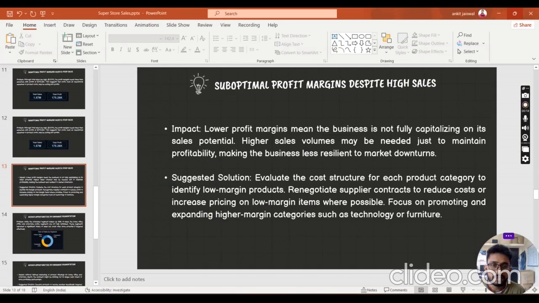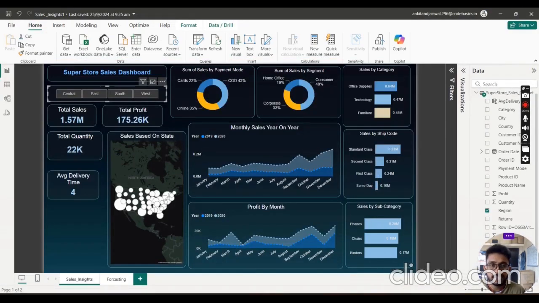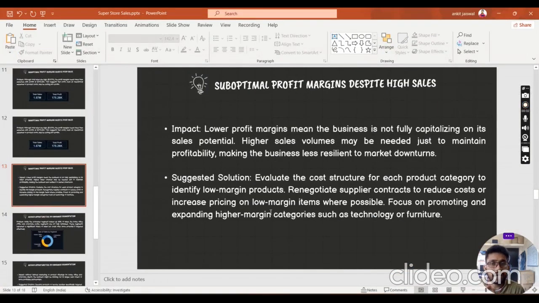So we can focus on promoting them such that my gross profit margin increases. And if my gross profit margin increases, the company will have funds during the down times too, and it will be easy for the company to sustain throughout the year and for a longer period of time.